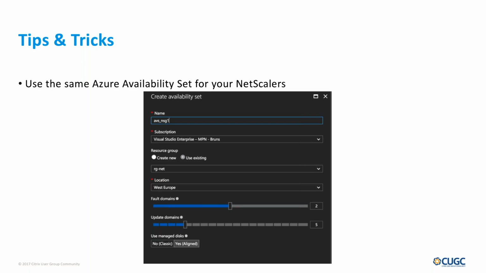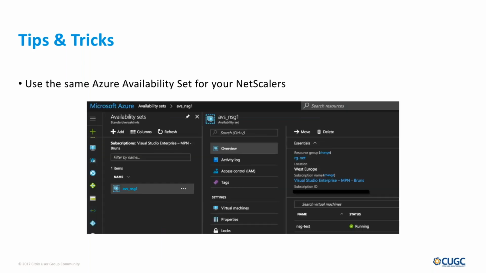So if you have problems with your compute power or storage power in Azure, it will only affect one of your NetScalers if you have two NetScalers running in Azure. Next, please.